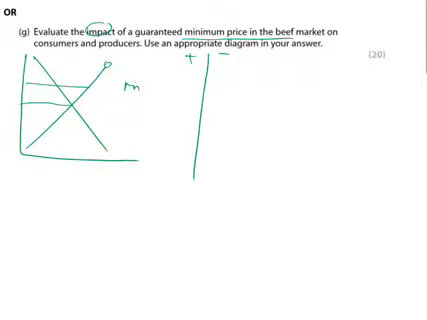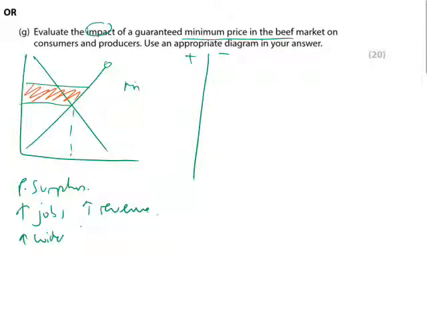So it gives you extra producer surplus above the market equilibrium, which will increase jobs, increase revenues for businesses, increase wider economic spending, and potentially increase exports.